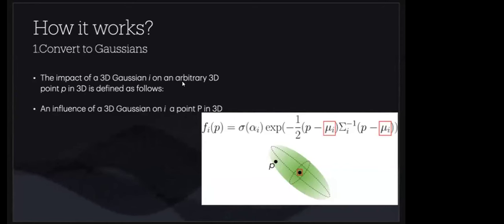And this is great because during optimization, it allows your gradients to flow from long distances. So this equation which you're seeing on the right side looks almost like the probability density function of the multivariate normal distribution, except the normalization term with the determinant of covariance is ignored, and it is weighted by the opacity instead. So that is the alpha of i here.